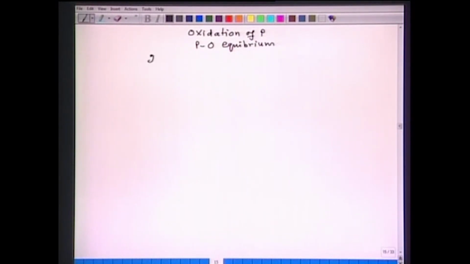That is 2P in metal plus 5O is equal to P2O5 in slag. Log of Kp is equal to a constant upon T minus 27.96. This is called equation number 24.